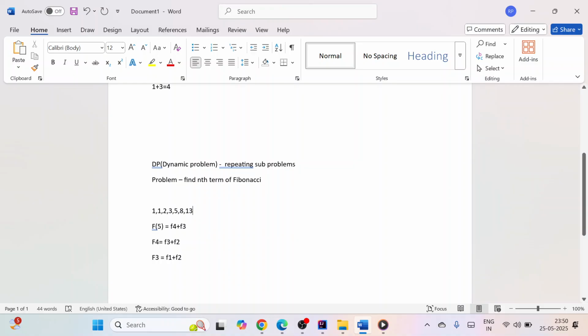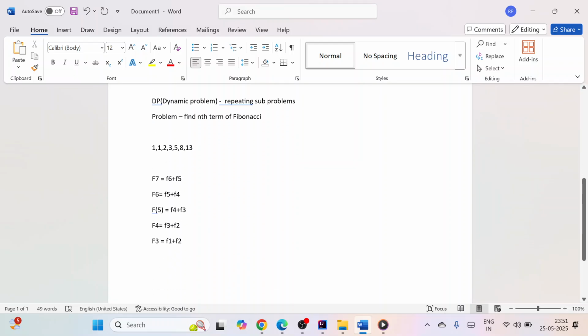To get the seventh term, I have to use the previous two results, F6 and F5. Then to get F6, again I have to use F5 and F4.